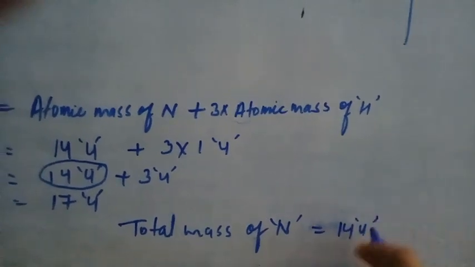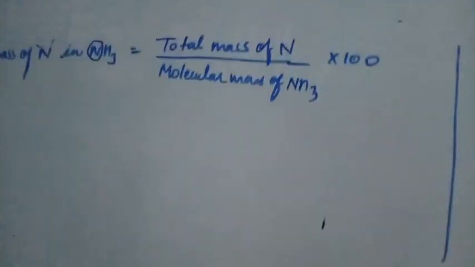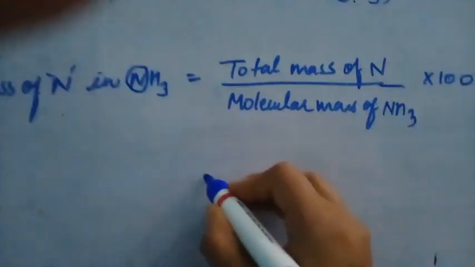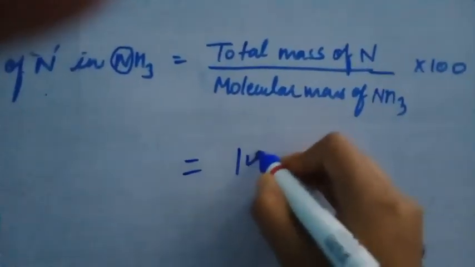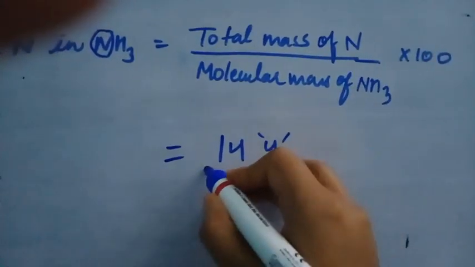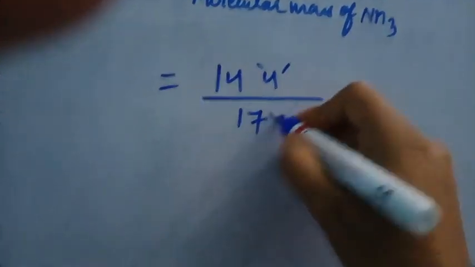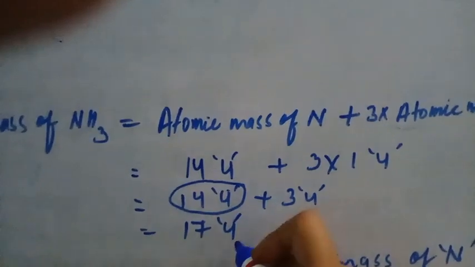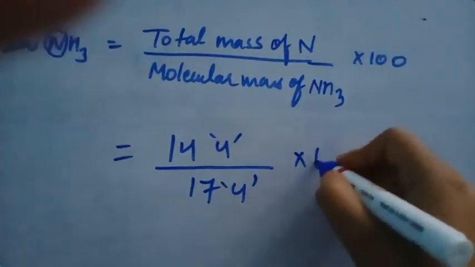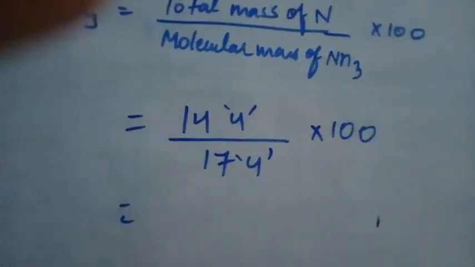We will just put these values in the formula. Total mass of nitrogen is 14 u divided by molecular mass of ammonia, we have got 17 u, into 100.